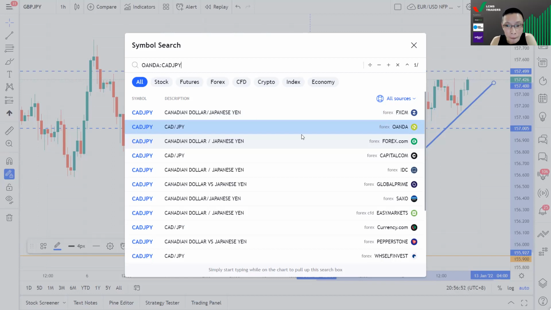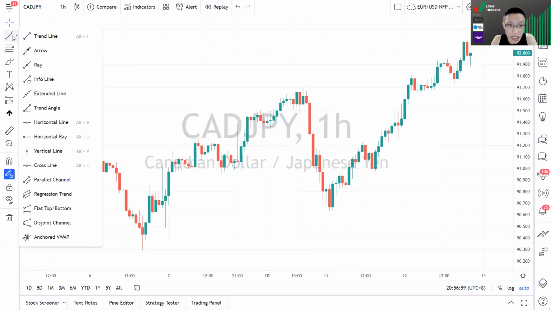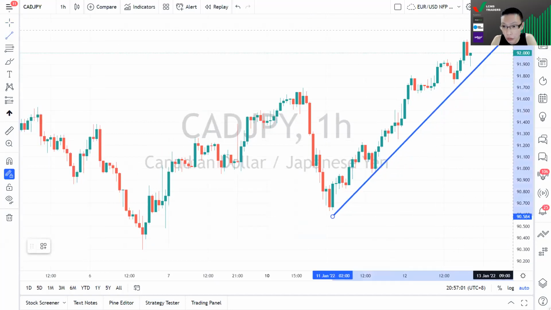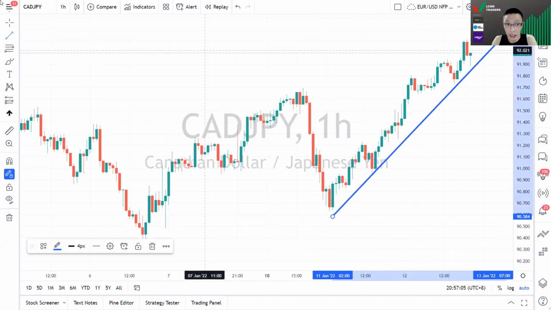For CAD Yen, once again we see something similar to Pound Yen. We are seeing a very strong, clear recent uptrend on H1 due to strengthening of oil prices.